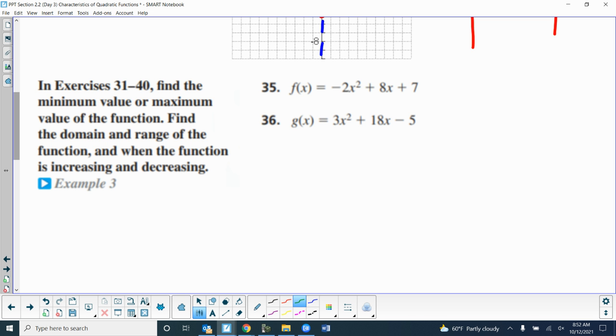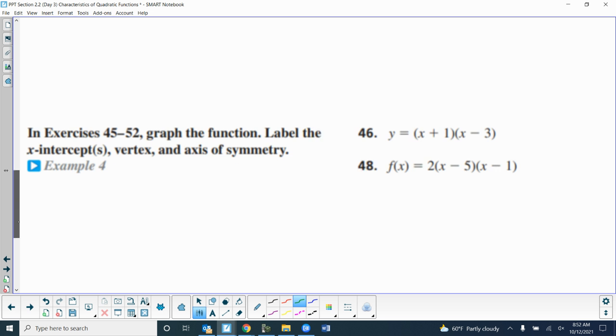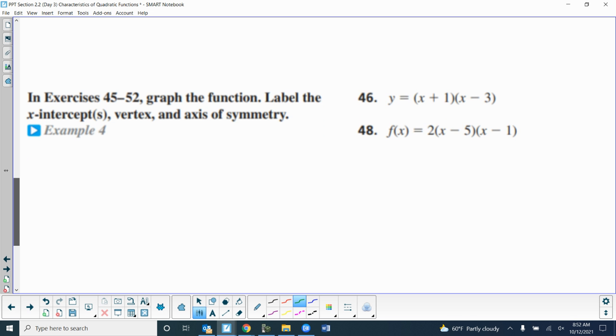Okay. No questions? Then the last two, that's like our warm-up. So we were supposed to graph it, but again, figure out the x-intercepts, the vertex, axis of symmetry first. Then you can graph it. It's much easier. And again, if we get stuck, what can we always go to see what it looks like?